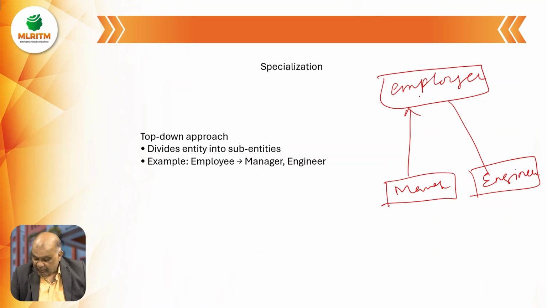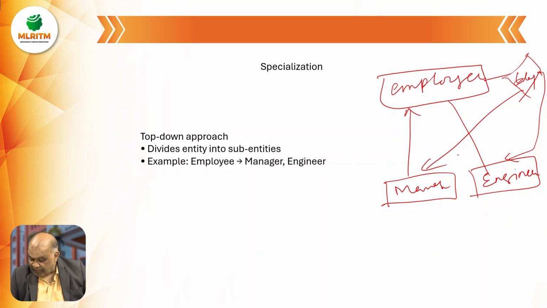Suppose we have one relation like salary. Salary is the name of the relation. The name of the relation salary can be extended to manager, and it can also be extended to engineer.